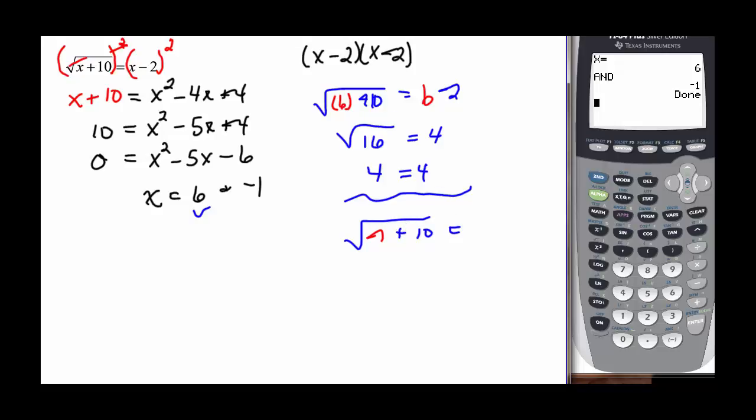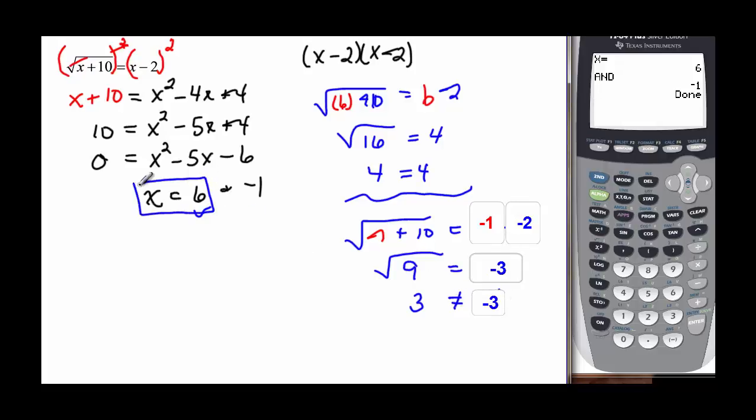And that's supposed to be equal to my x, which is negative 1, and minus 2. Well, I have a square root of 9. Negative 1 plus 10, equal to negative 1 minus 2 would be negative 3. And the square root of 9 is 3, which is definitely not negative 3. So x equals 6 is my only solution.